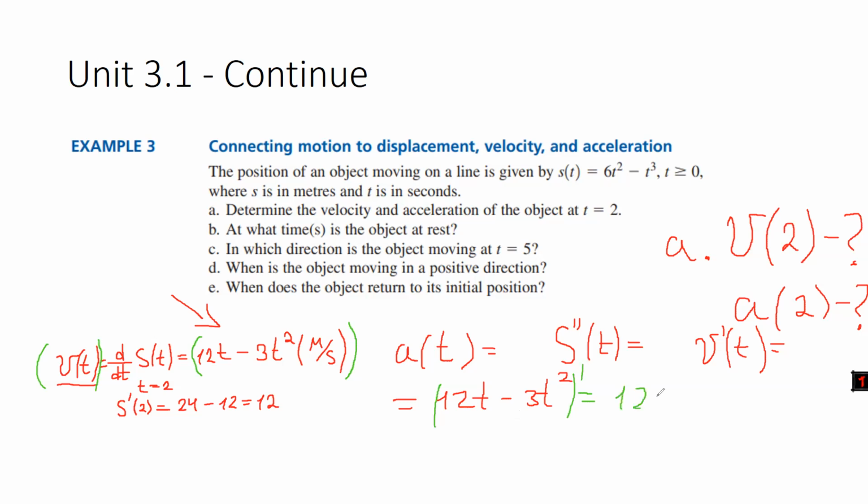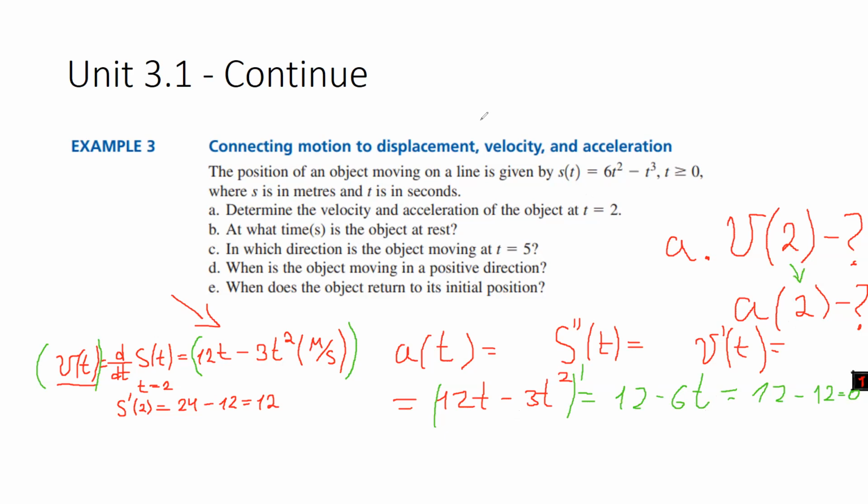Now we'll get 12 subtract 6t. Remember to use the power rule. Now we substitute t for 2 because we're interested in the acceleration at point 2. So we get 12 subtract 12 equals 0. So it means that at time 2, the acceleration of the object equals 0.